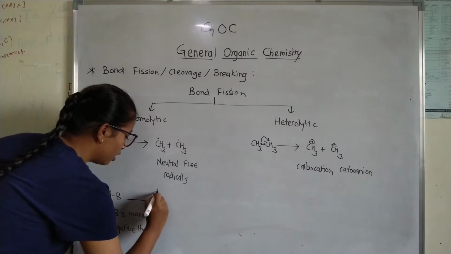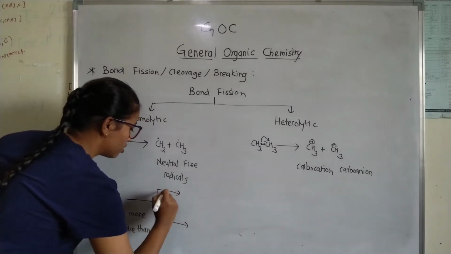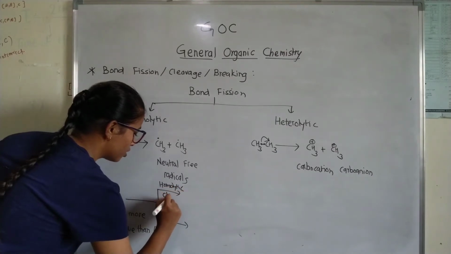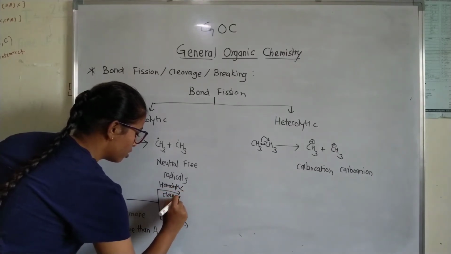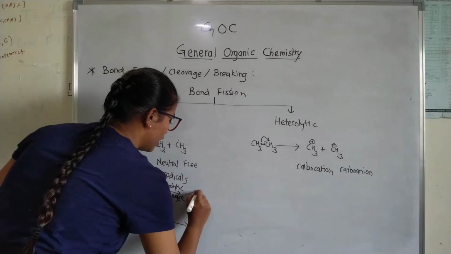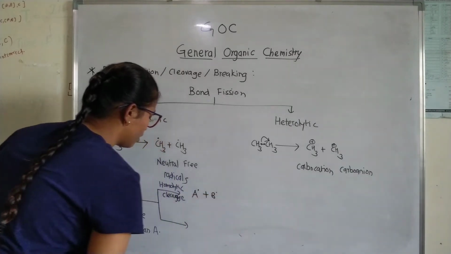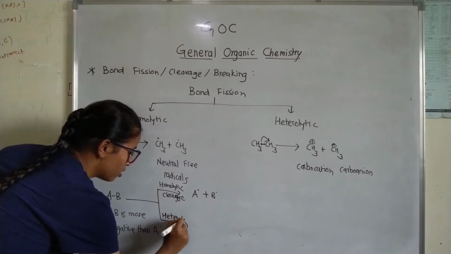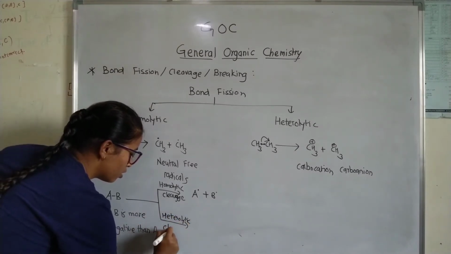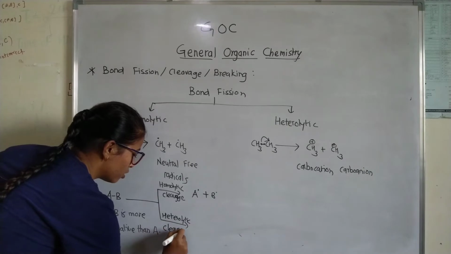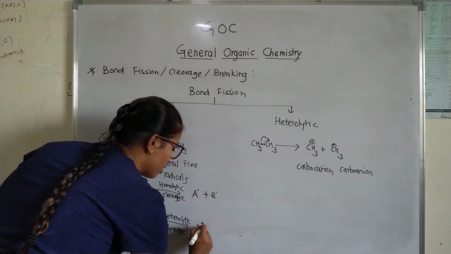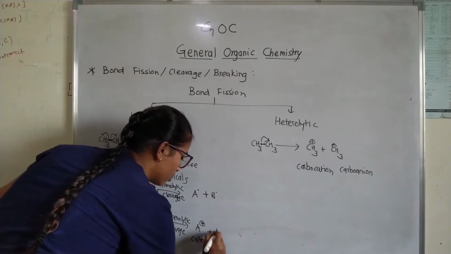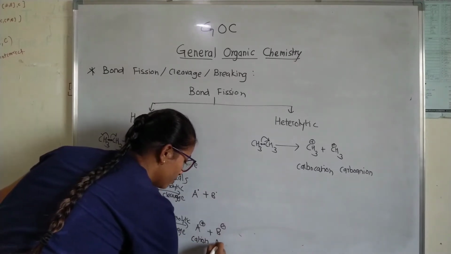So in homolytic cleavage, there is a formation of free radicals. But in heterolytic cleavage, there is a formation of a cation and an anion.